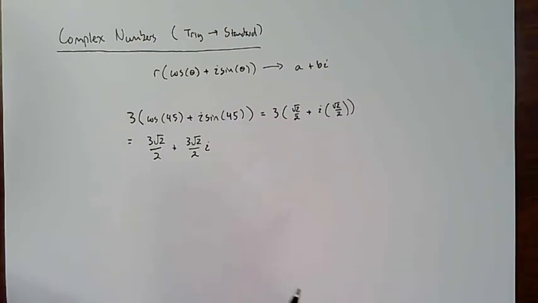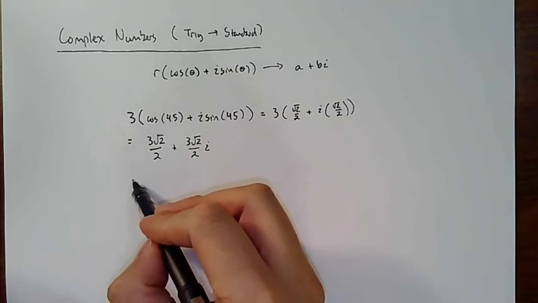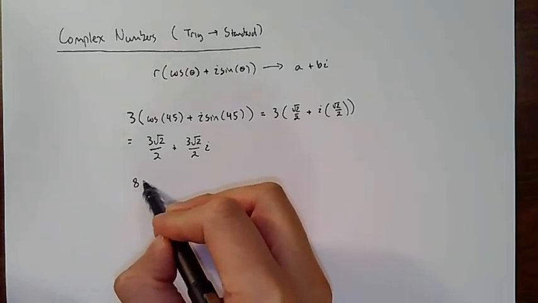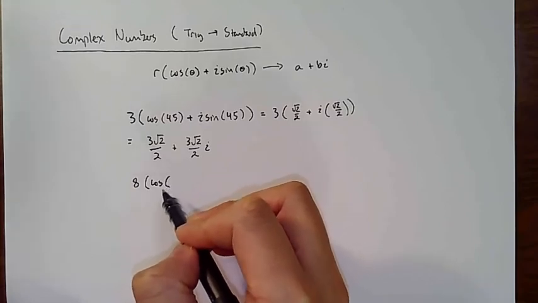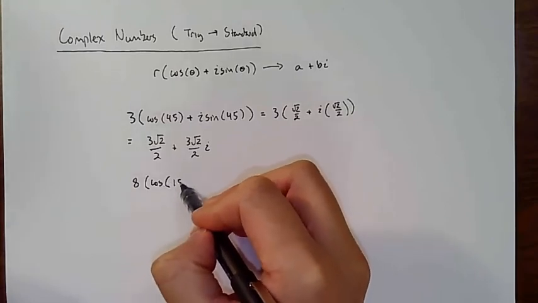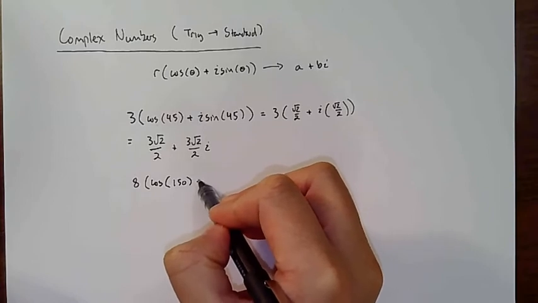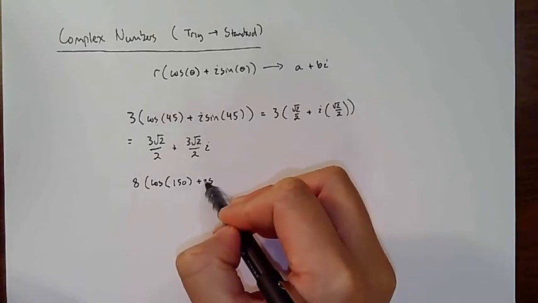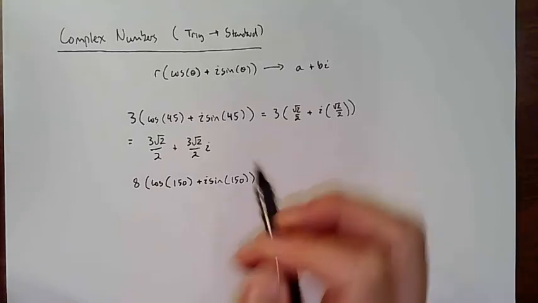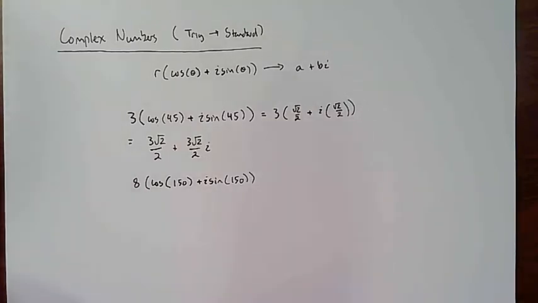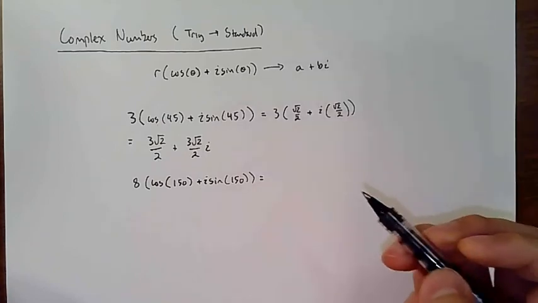So let's do 8 times the cosine of 150 plus i times the sine of 150. So we just simplify this as well. So what are we going to do?